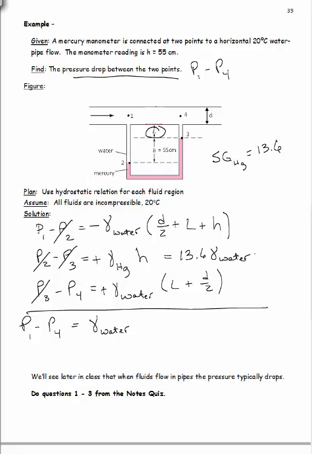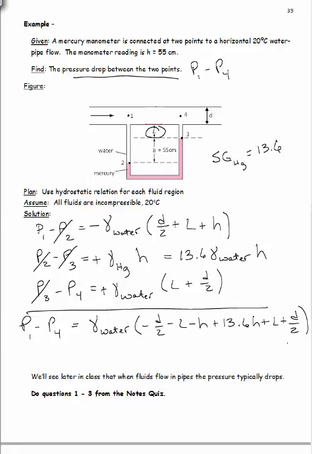So now I have gamma of water in every term, and then I have an h here. All right, so gamma of water, I'm going to pull that out of every term, and if I pull that minus sign in, minus D over 2, minus L, minus h, down to the next term, plus 13.6h, down to the next term, plus L, plus D over 2.